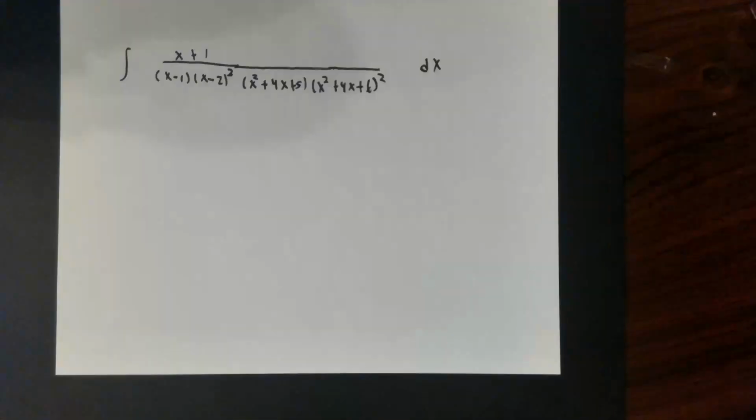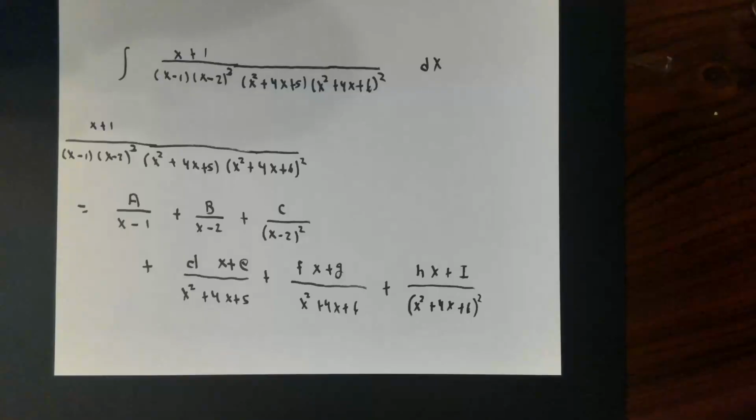As a parting comment, I'd like to mention that these ideas, in principle, will let you integrate any rational function. In practice, though, as the functions become more complicated, things become increasingly unpleasant to work with. In this integral, I have not only nice linear factors, but repeated ones as well.